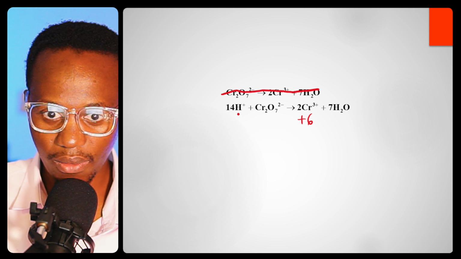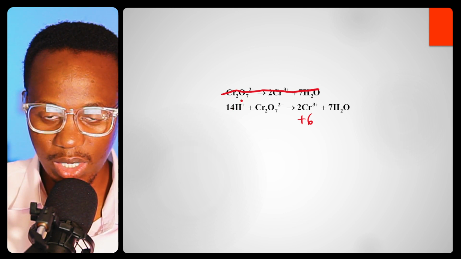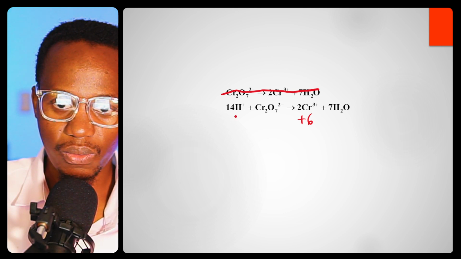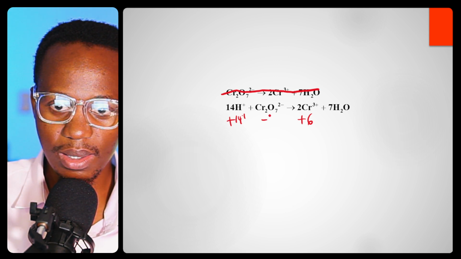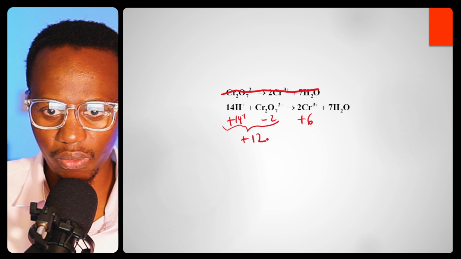And then here you have 14 H plus, so you have 14 of them, so plus 14. Here you have negative 2. What's the charge here? The charge is plus 12, right?